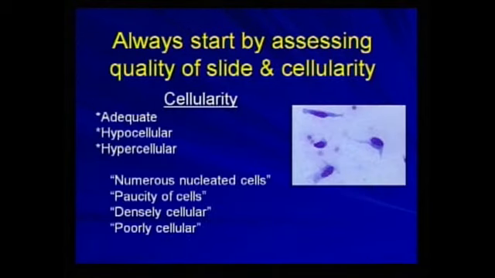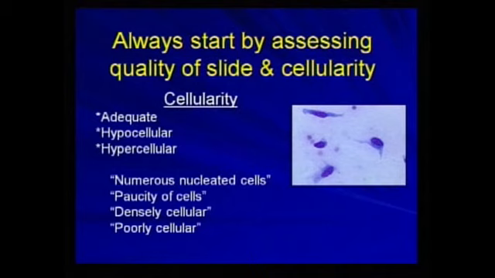Now, how do we approach a particular slide? Well, at the AFIP, our residents are taught there's a certain way that we start our morphologic descriptions of cytologies. And we always start by assessing the quality of the slide as well as the cellularity.